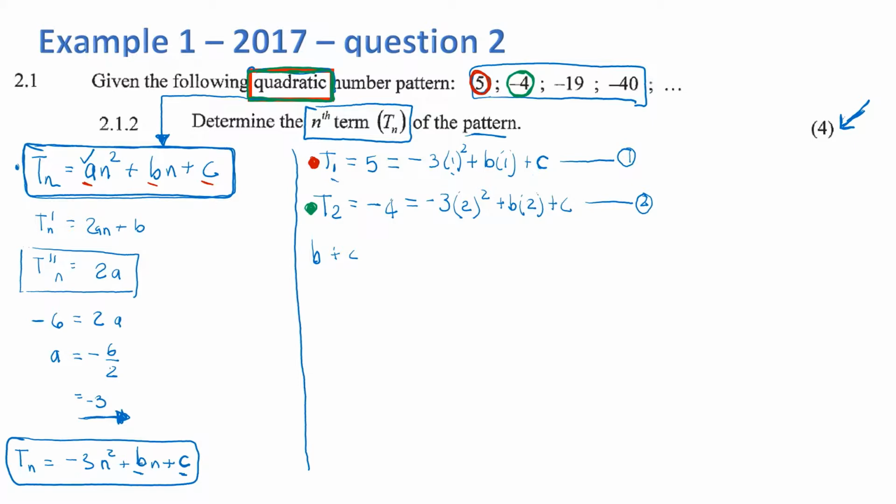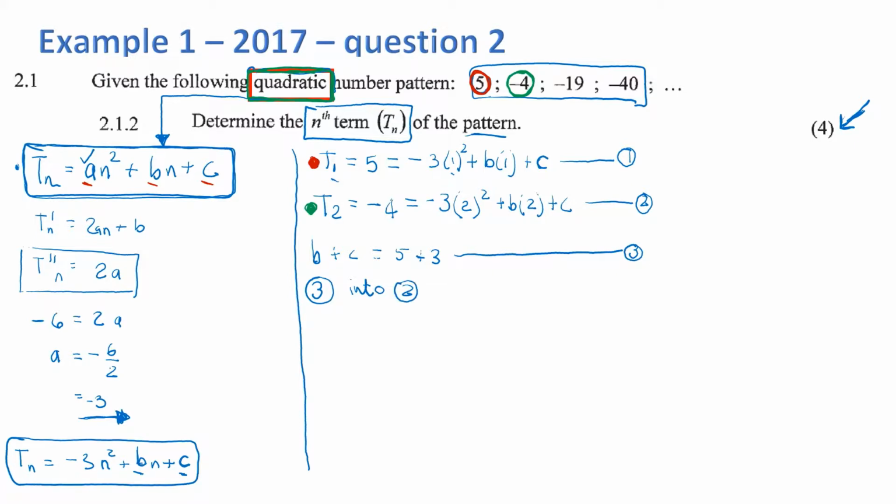From 1, b plus c equals 5 plus 3. Okay, and I'm going to rename that 3. And we're going to put 3 into 2.